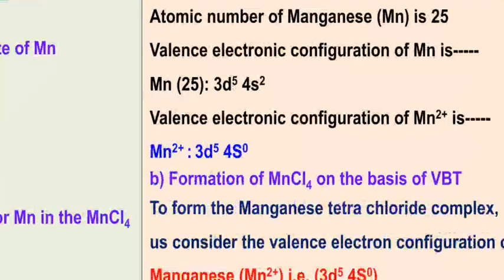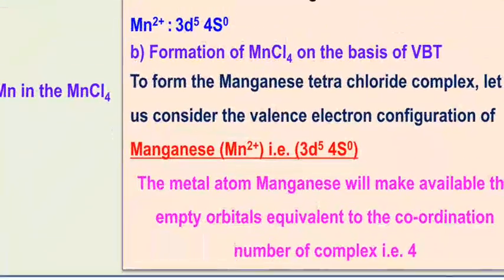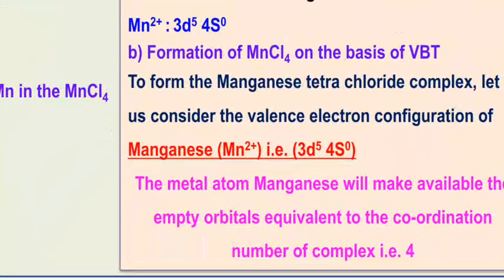Now let us consider the formation of MnCl4 on the basis of valence bond theory. To form the manganese tetrachloride complex, we will consider the valence electron configuration for manganese +2, that is 3d5 4s0. The metal atom manganese also makes available empty orbitals equivalent to the coordination number of the complex.